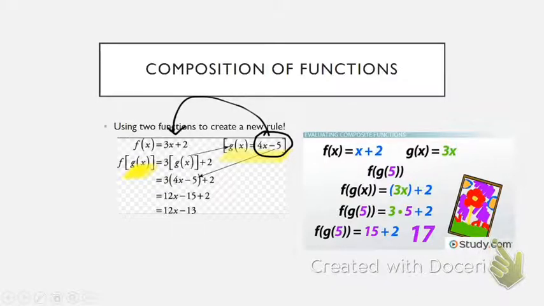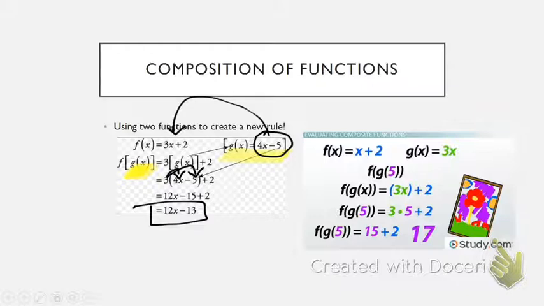So it'll be 3 times 4x minus 5, in parentheses. Please use parentheses. If you are not using parentheses, you're going to get this wrong. 3 times 4x minus 5 plus 2. Distribute the 3. 12x minus 15 plus 2. Combine like terms, 12x minus 13. That is your new rule.